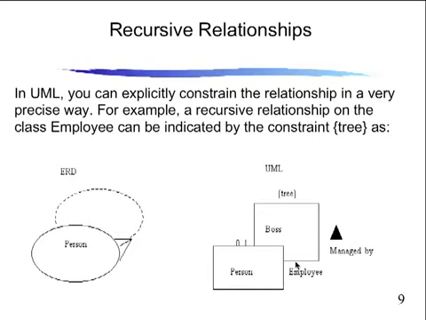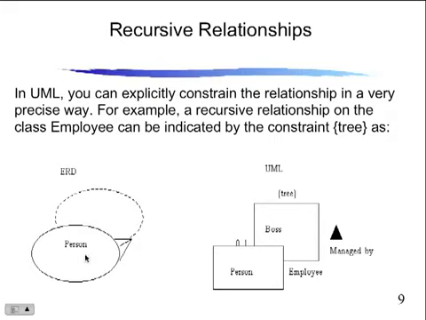Now, recursive relationships are a little different, however, in terms of their representation. You can actually show a true recursive relationship in UML notation that you can't really do very effectively in an entity relationship diagram, because in an entity relationship diagram you're not showing roles or associations, you're just showing relationships. So all you can do is say that a person has a relationship with the person.